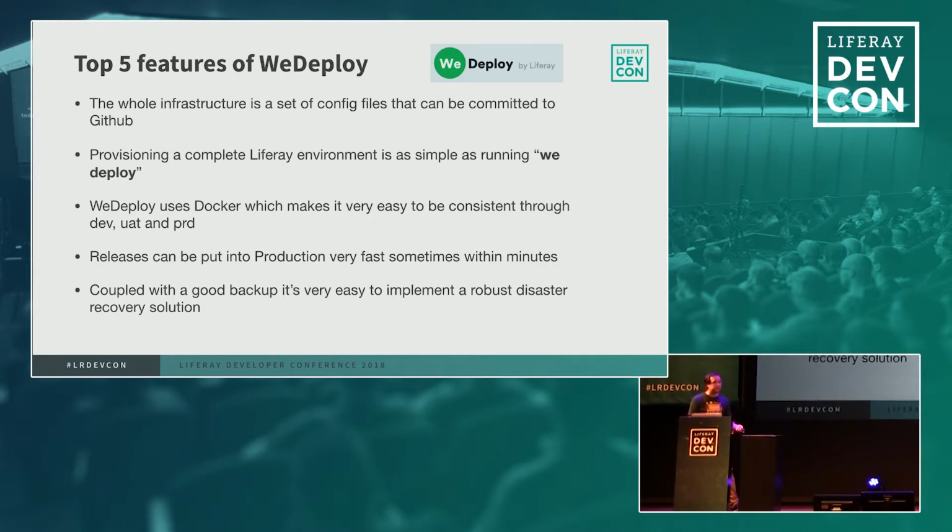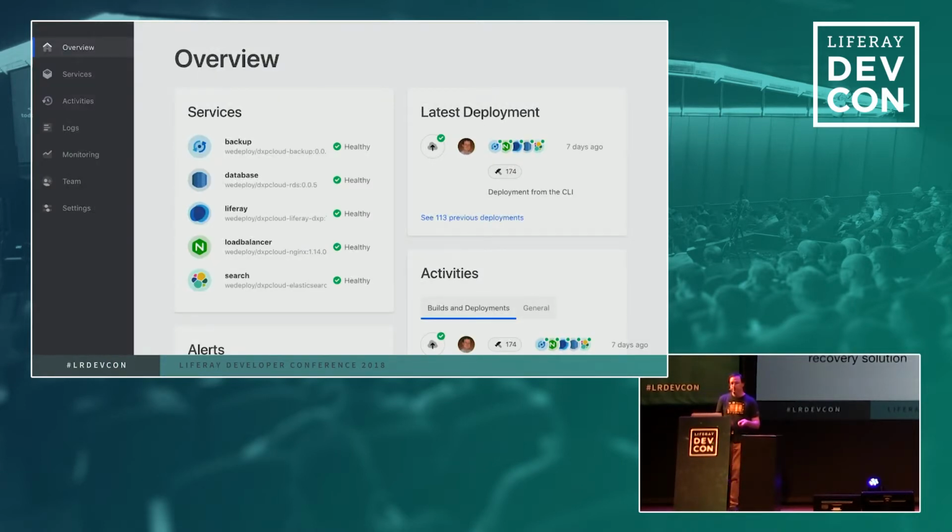And releases we can put into production very fast, sometimes within minutes. If you have an emergency, you need to push it through, it can happen really fast. And coupled with a good backup, you can implement a pretty robust disaster recovery solution on WeDeploy, and actually use it to create the other environments, which also tests the backup.